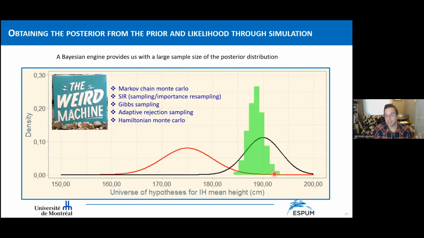Yesterday I gave the example of 1,000 values. It depends, of course, on the model, but usually it's a bit more than that. For example, in ExpoStats, the tool that we made at University of Montreal, the histogram is based on 25,000 values instead of 1,000. We call that the posterior sample.